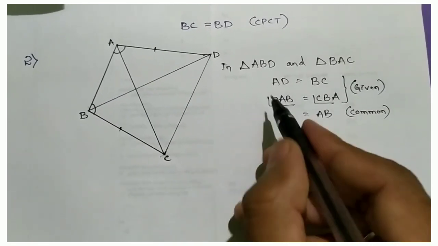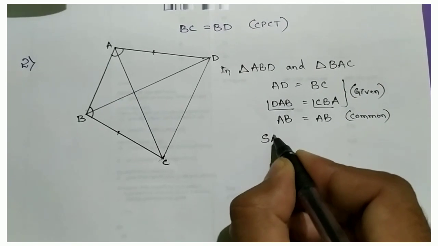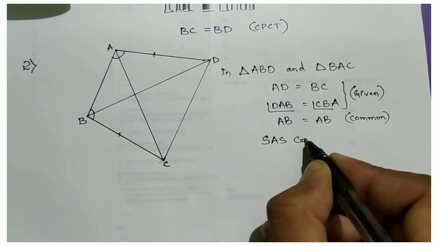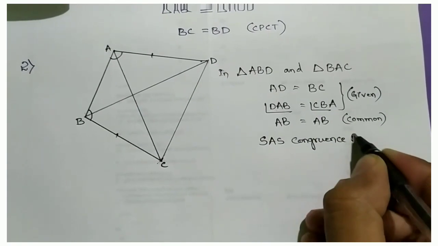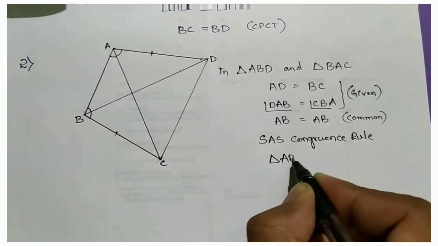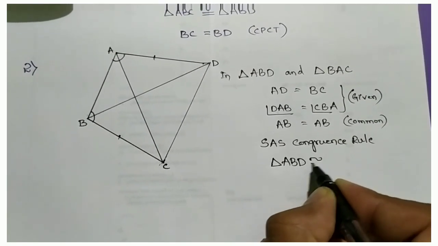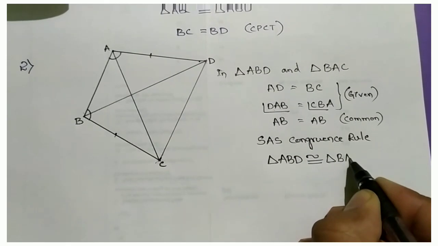So side angle side congruence rule, triangle ABD is congruent to triangle BAC.